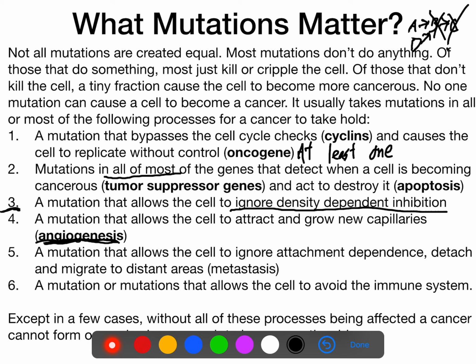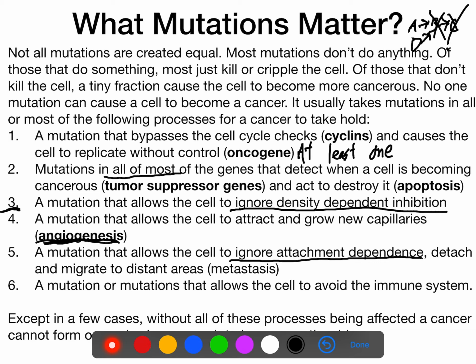In order to become cancerous, it needs to have a mutation that allows it to ignore attachment dependence. And this is what we talked about in the last video, where most cells have to remain attached to other cells and to what's called the extracellular matrix of whatever their native organ is, and so they can't really spread. In order for it to be a cancer, it has to be able to spread.